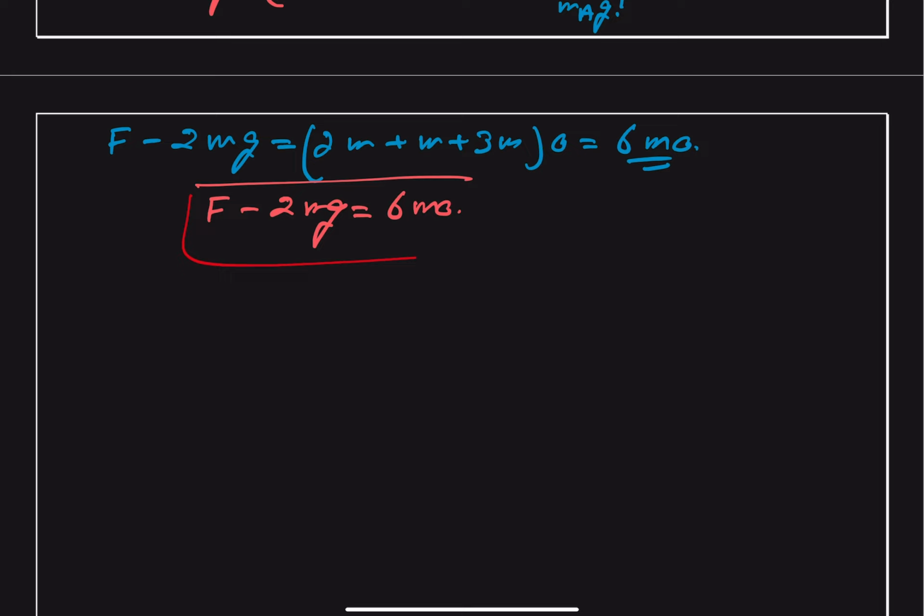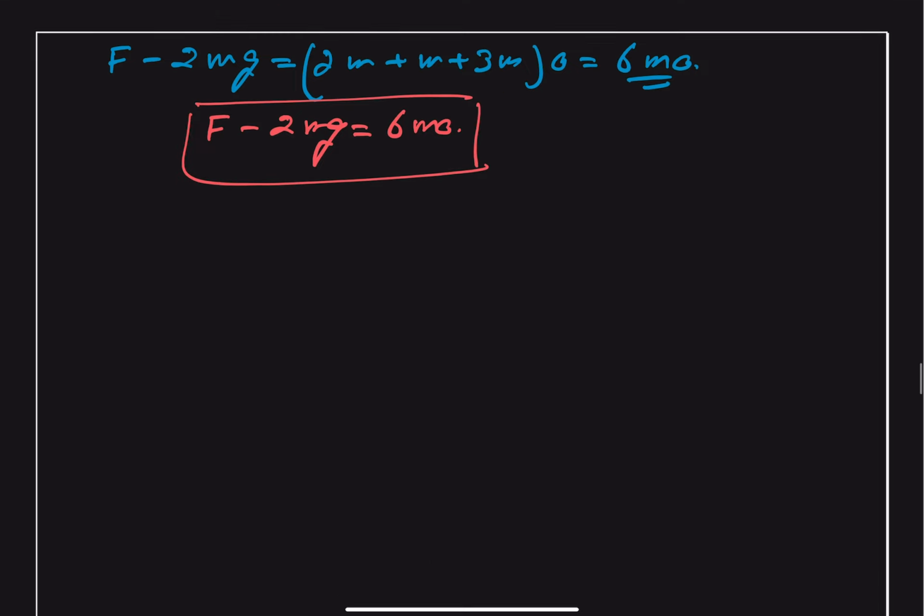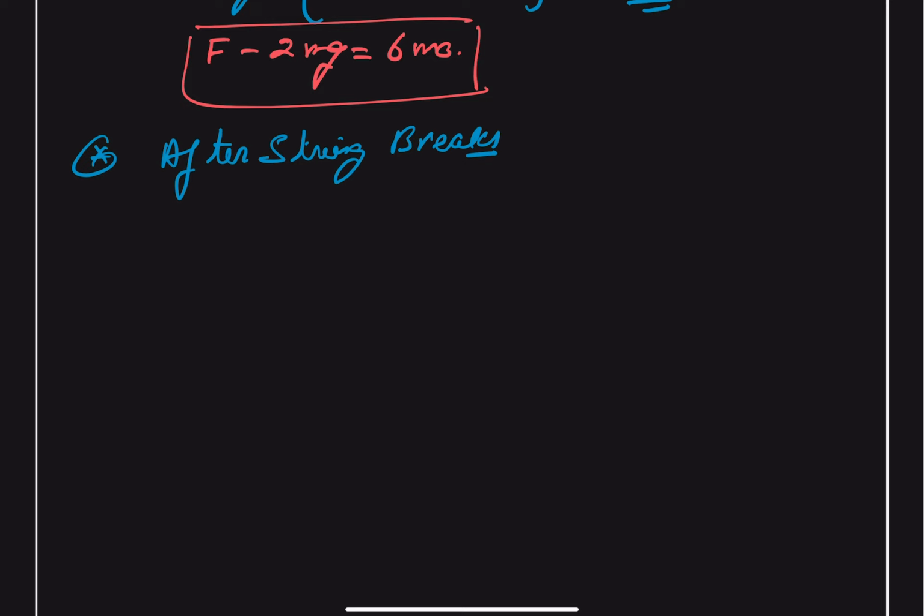And after the string breaks, the force F is only with respect to block C. So this is our block C, and force is applicable only on this block C, and we assume that its acceleration is AC towards right side because the force is being applied.